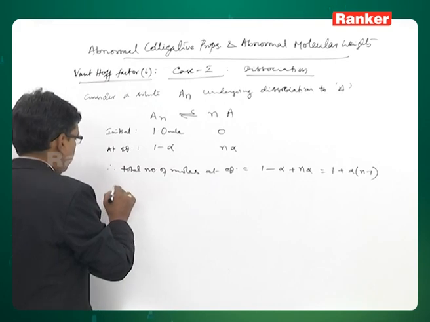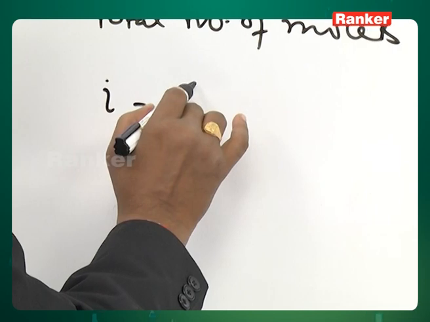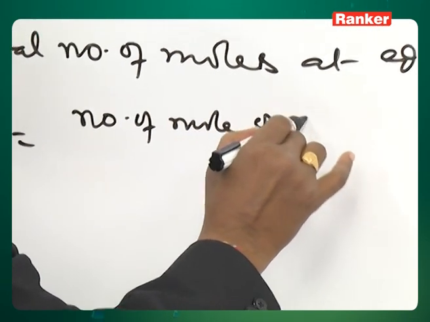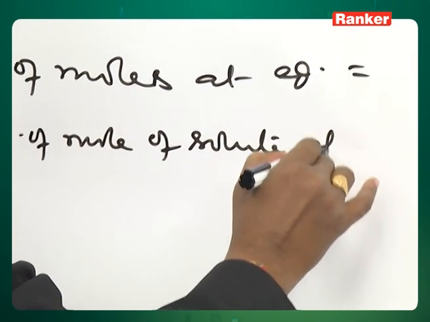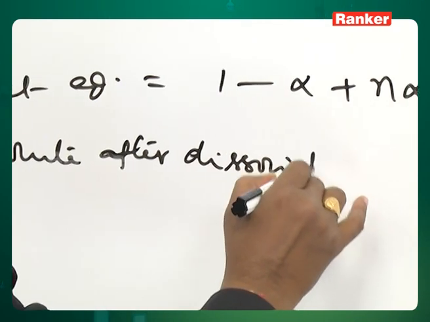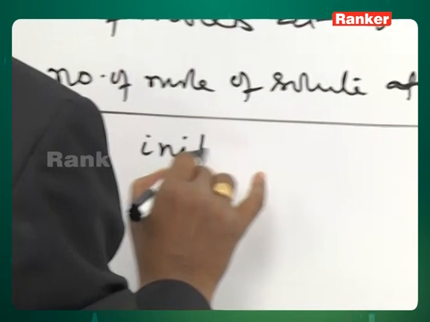Now, Van 't Hoff factor i is equal to the number of moles of solute after dissociation by the initial number of moles.